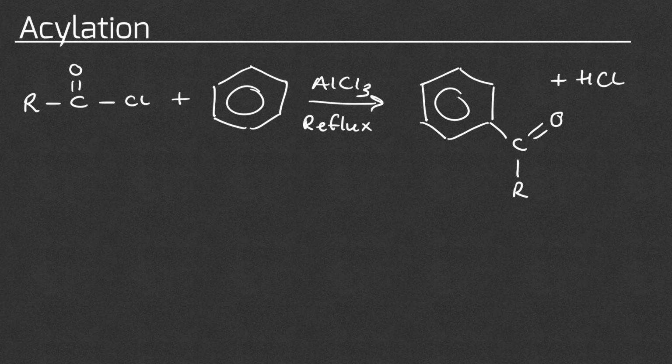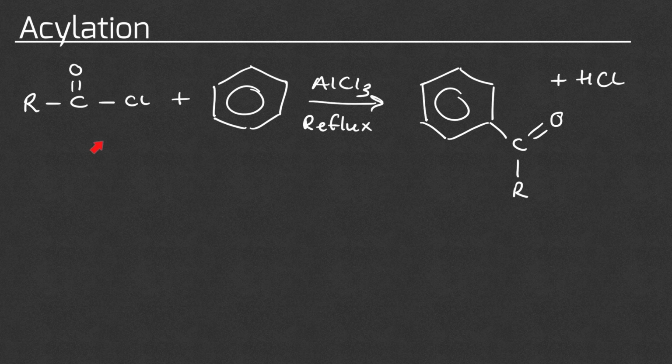An acylation reaction of benzene, sometimes called a Friedel-Crafts reaction from the scientists who discovered it, is where we add an acyl chloride to benzene to form a phenyl ketone and hydrochloric acid. An acyl chloride, as we've looked at in topic 9, is very similar to a carboxylic acid, apart from it has a chlorine in place of the OH group.